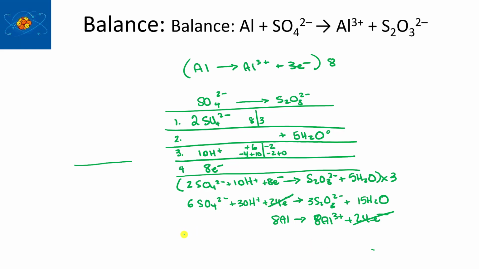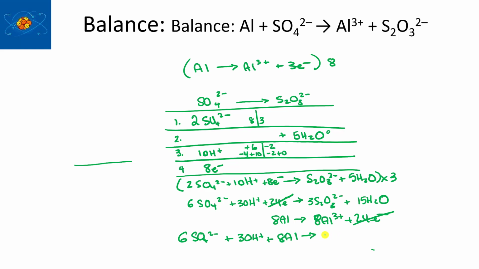I'm going to get 6 SO4 2- plus 30 H+ plus 8 aluminums. I feel like I missed something, but I think I got it all.